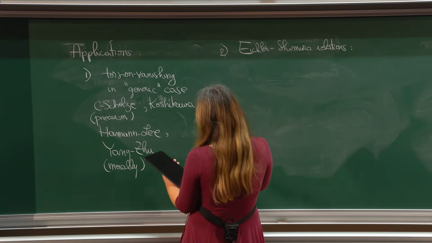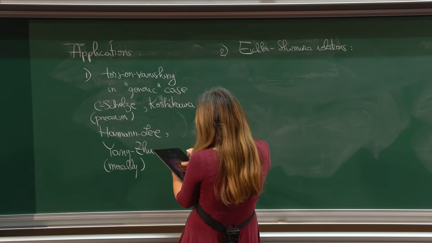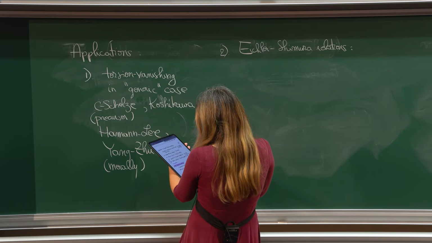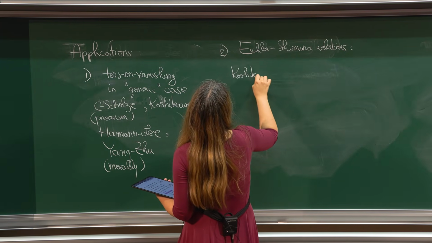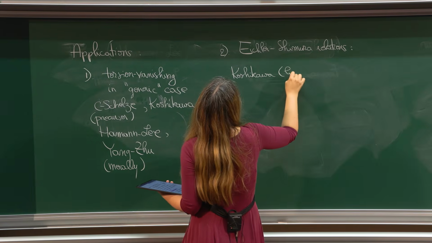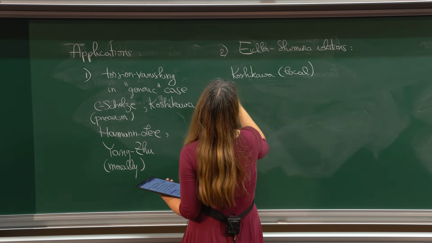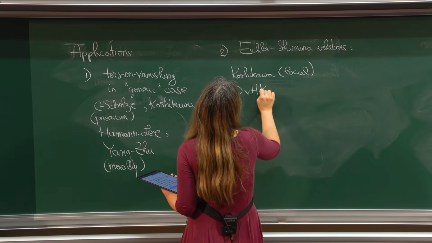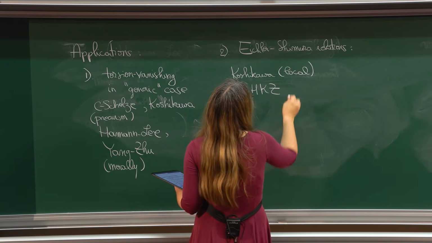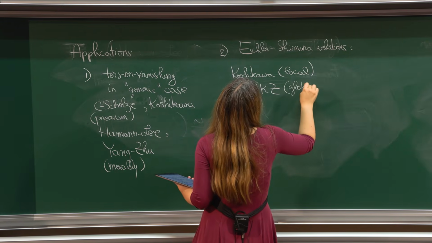And this is, maybe, let's see who I should mention here. Maybe I should say Koshikawa did this for local Shimura varieties. And then this inspired the work of Daniels, van Hoften, Kim and Zhang for global Shimura varieties.